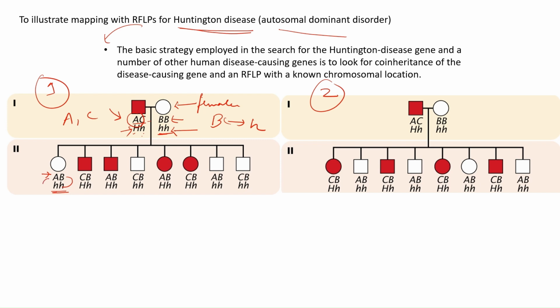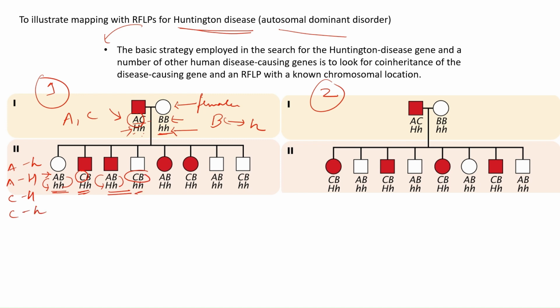According to this, the A gene should be linked with small h, but here, along with A, capital H is inherited. So in one progeny, with A, small h is inherited, whereas in another progeny, with A, capital H is inherited. Similarly, in the second offspring, CB, what is inherited with C? Capital H. In the fourth offspring, what is inherited with C?